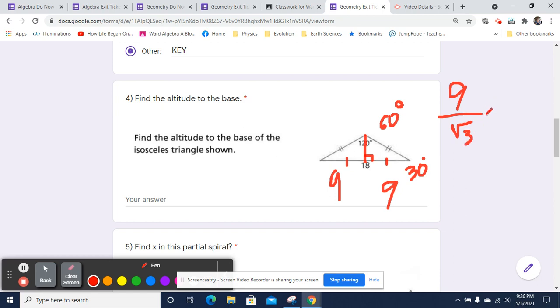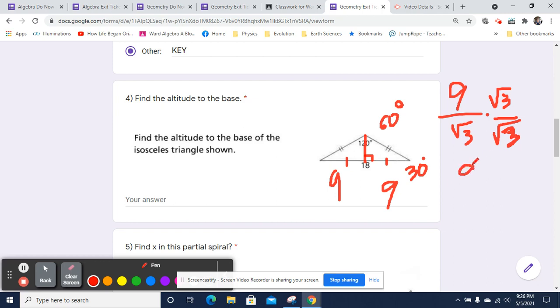And so we want to use the rationalize the denominator approach. So multiply that by root 3 over root 3. Root 3 times root 3 is just 3.